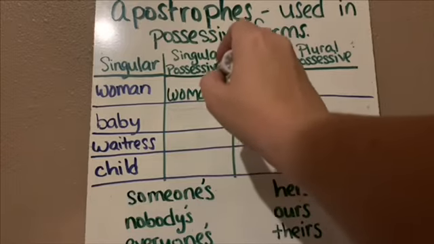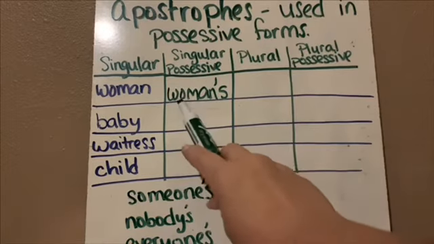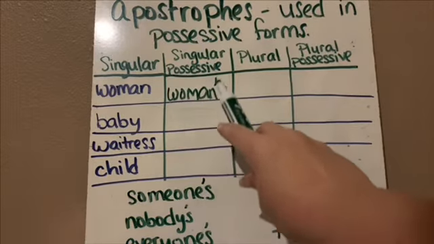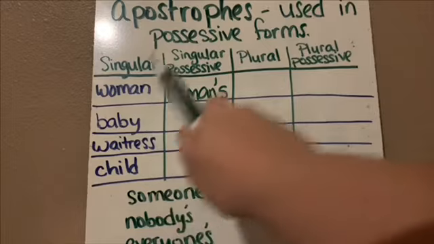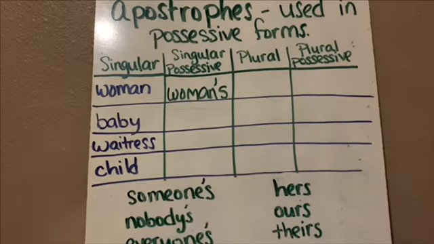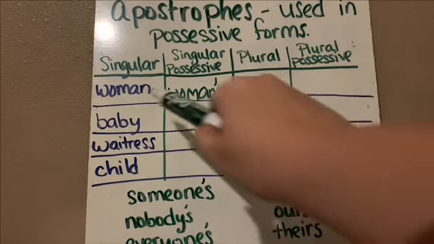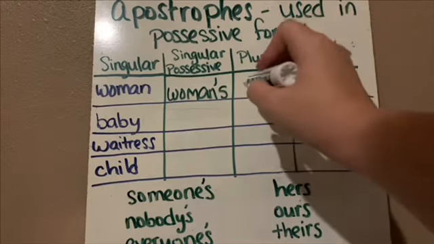I would just use my singular noun and I would use an apostrophe S, okay? All right. Now, plural of woman, this is one of those irregular nouns that it completely changes. Plural of woman would be women.